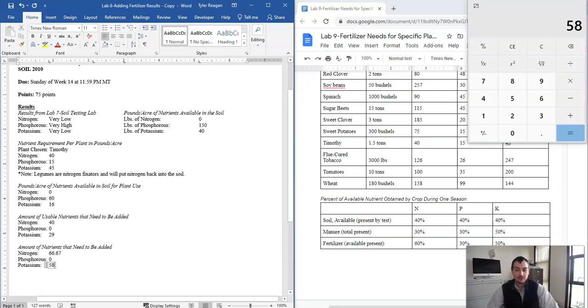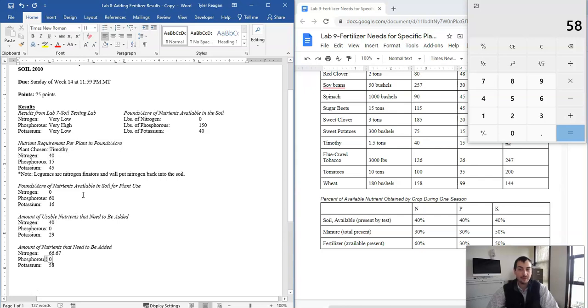So in order to be successful and grow 1.5 tons per acre of Timothy on my property, which tested low, high, and very low on nitrogen, phosphorus, and potassium respectively, I really need to add 66.7 pounds per acre total of nitrogen. That way there's 40 pounds of usable amount to compensate.